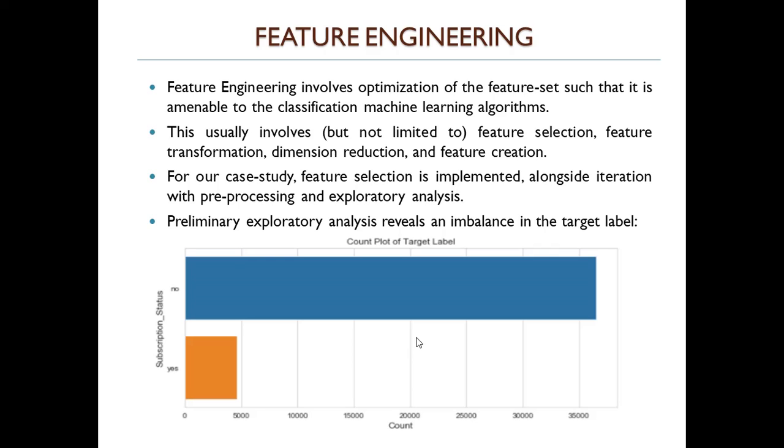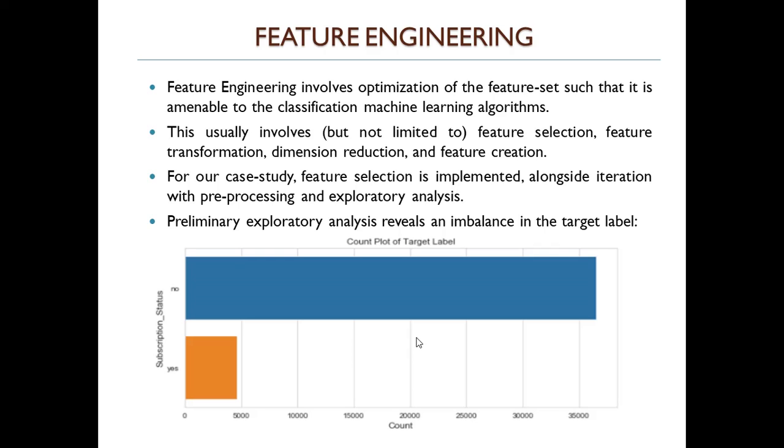So it's going to be an integrated step, because we can seldom run pre-processing and exploratory analysis in isolation of feature engineering. So everything is just integrated. That's what this section is going to do.